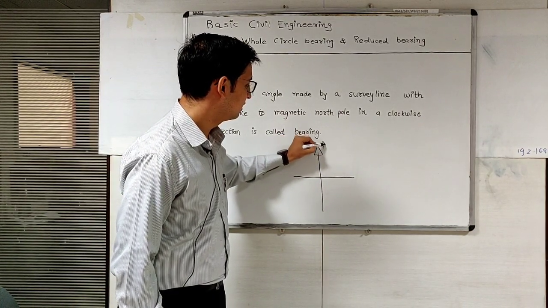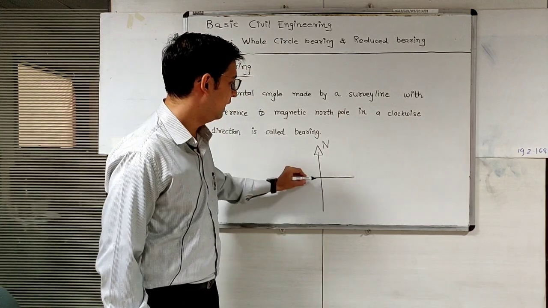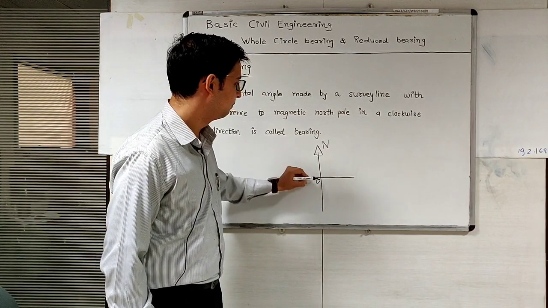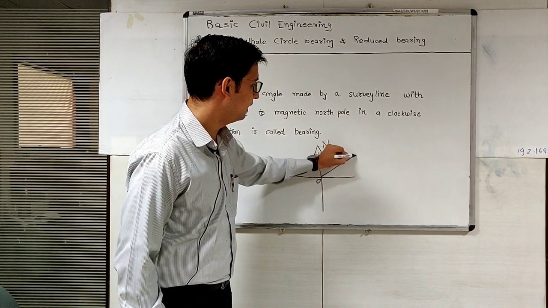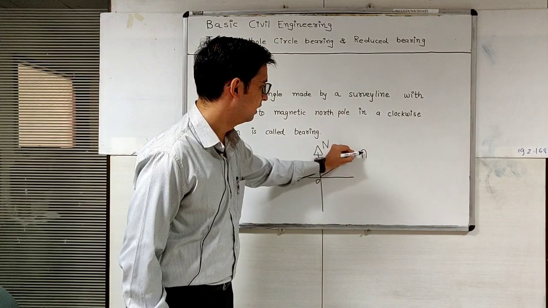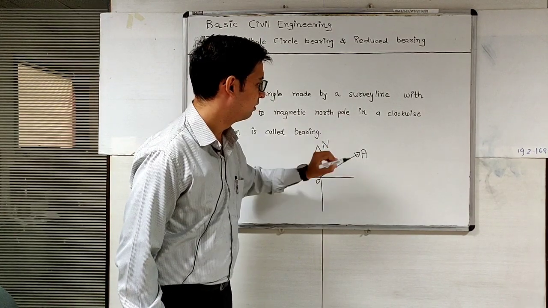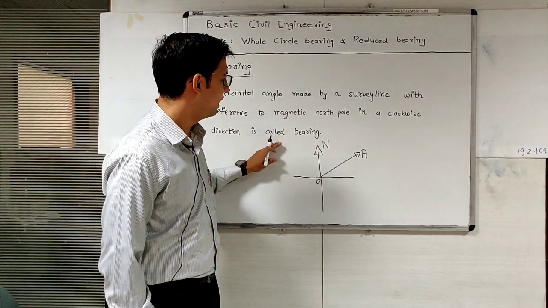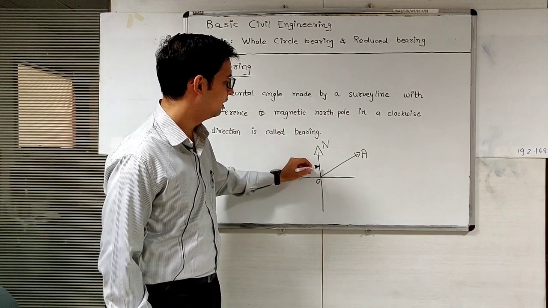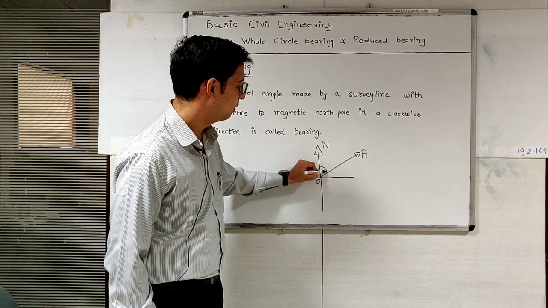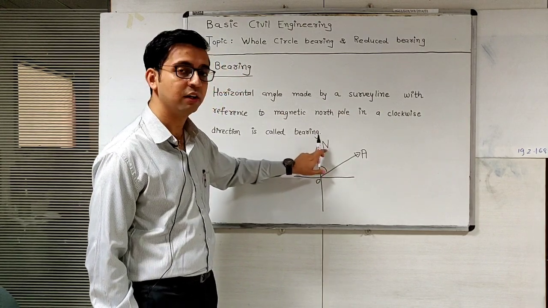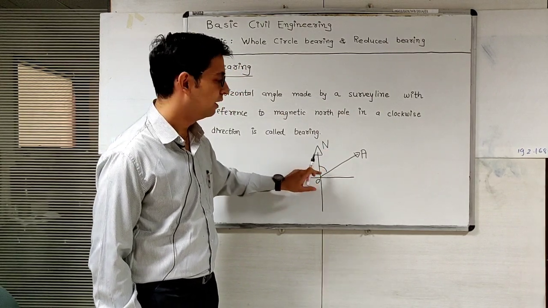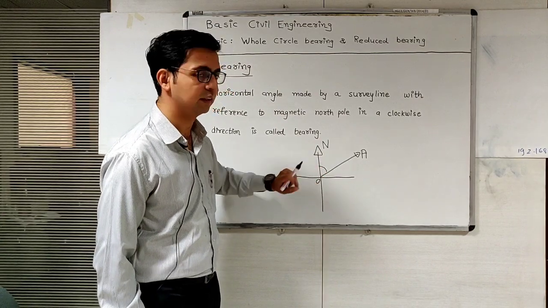Let's say this is magnetic north and this is the origin, and if we indicate the OA line, OA is the survey line. As per the bearing definition, it is the horizontal angle made with reference to the magnetic north pole in clockwise direction.